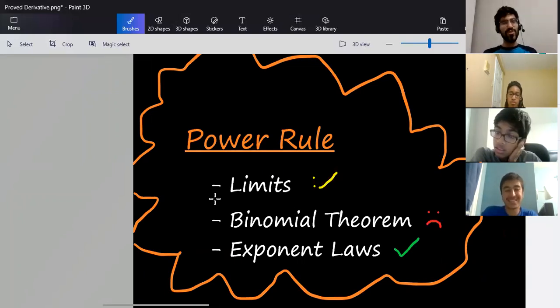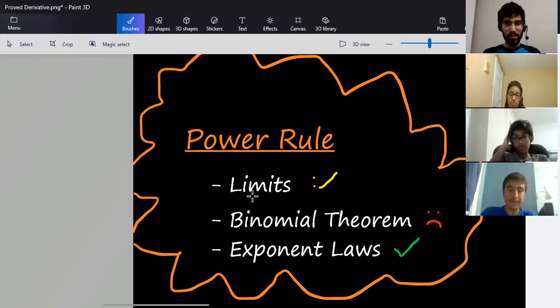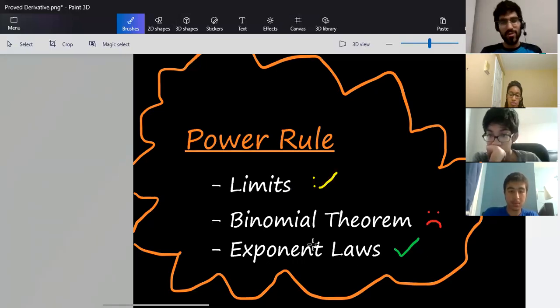Because to tell you why, I need you to understand these three things: exponent laws, limits, and binomial theorem. Now, limits is fine. I actually explained limits, except I had to cut it short for time. Exponent laws, I'm literally going to teach it to you right after, just for review. This thing is just so horrendous, okay? I'm not even going to lie to you.